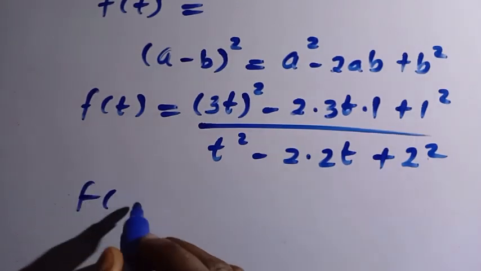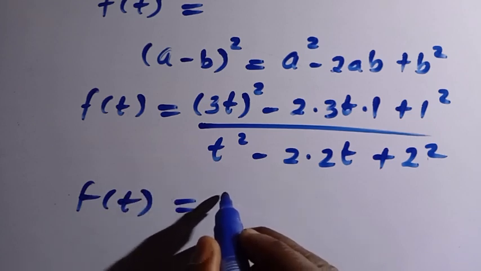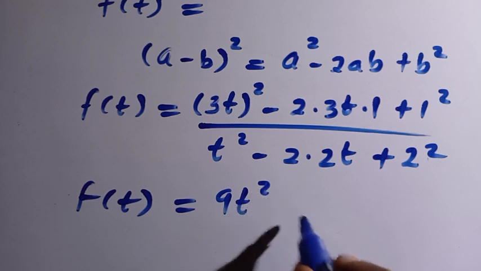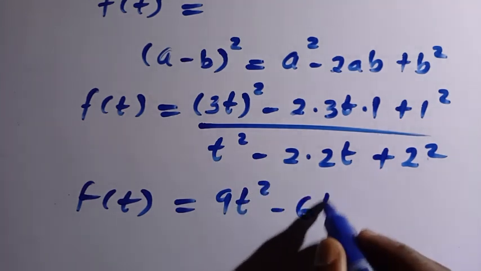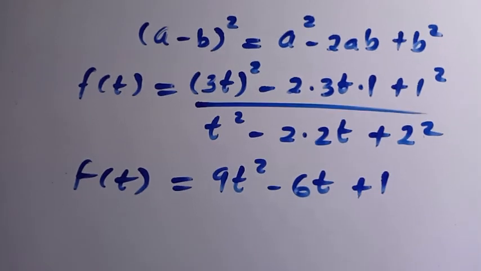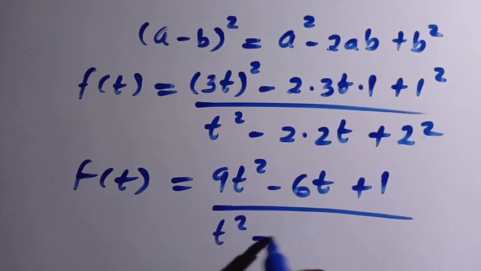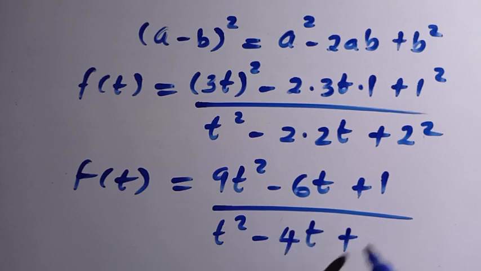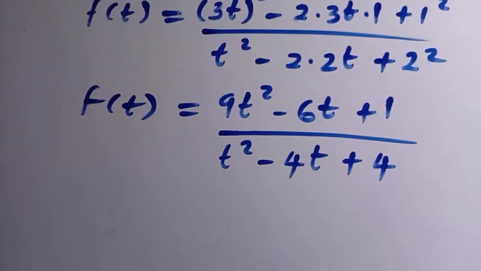So f of t equals, so (3t) squared is 9t squared minus, so 2 times 3t, that is 6t, plus 1 squared, that is 1. So everything is divided by t squared minus, so 2 times 2t, that is 4t, then plus 2 squared, that is 4. So here is what we get for f of t.